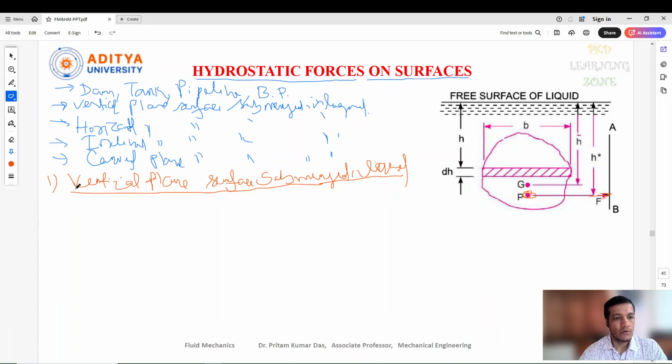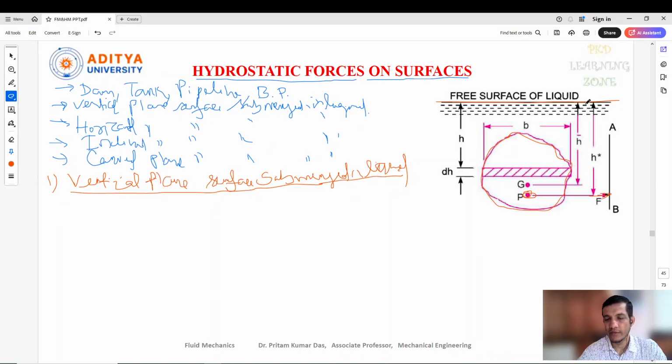For the vertical plane surface submerged in liquid, let's consider an object situated inside the liquid, arbitrary in shape, and located some distance from the free surface.